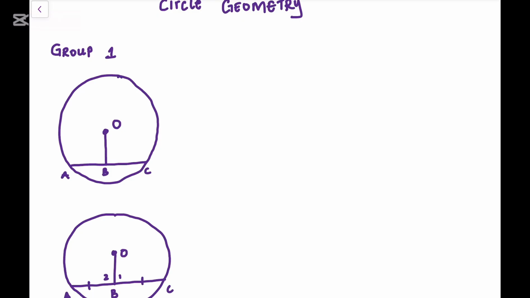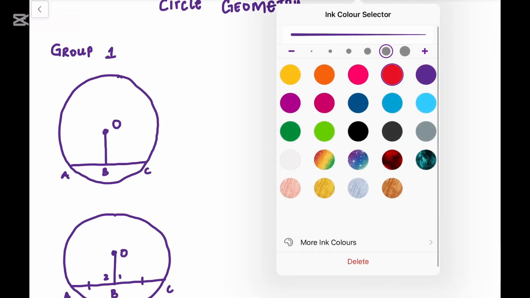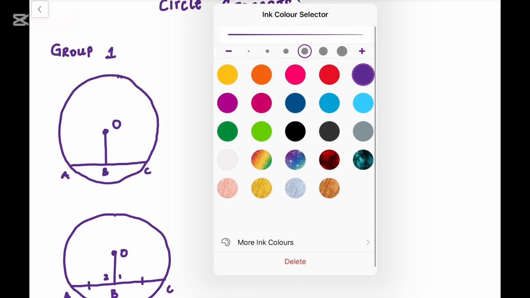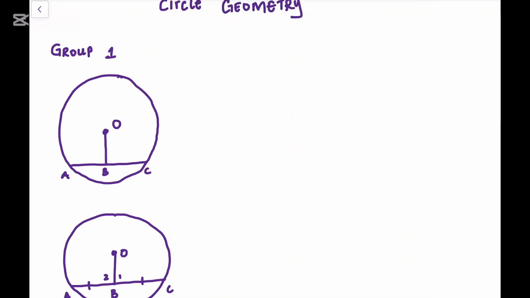Now, the first theorem says, if you have a line from the center, let me put 90 degrees here first, and that line is perpendicular to the chord, that means it makes an angle equal to 90 degrees.